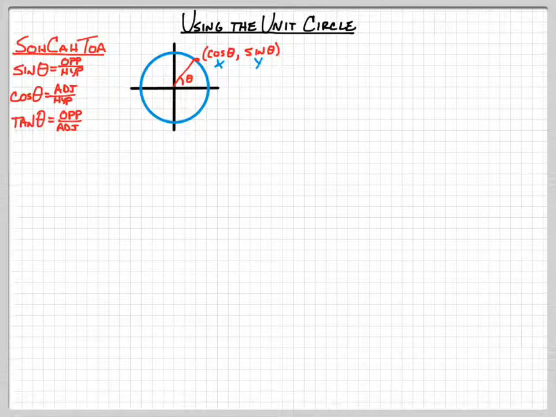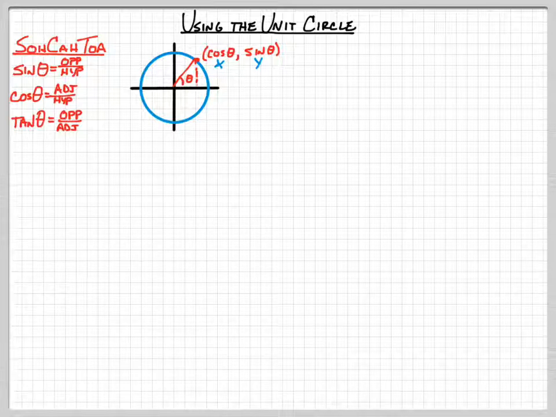Now how do we know that cosine is x and sine is y? Well, if we focus on this angle theta and drop in an altitude, or height, we make a right triangle with the vertical line and the x-axis.